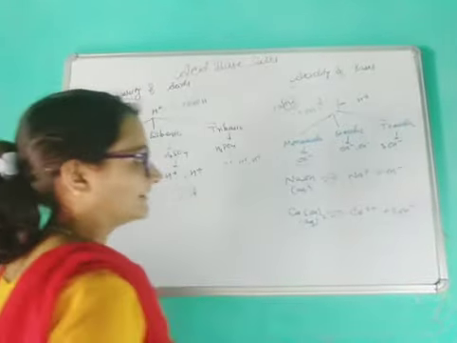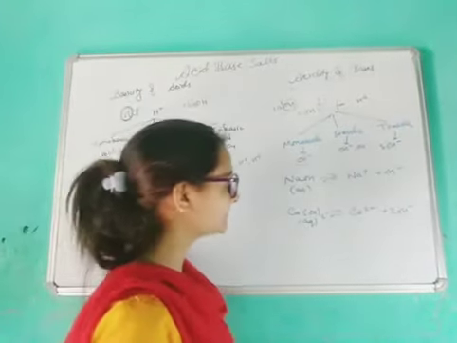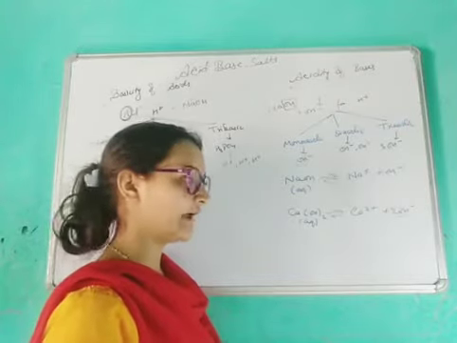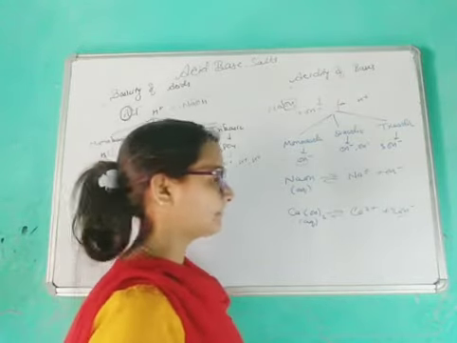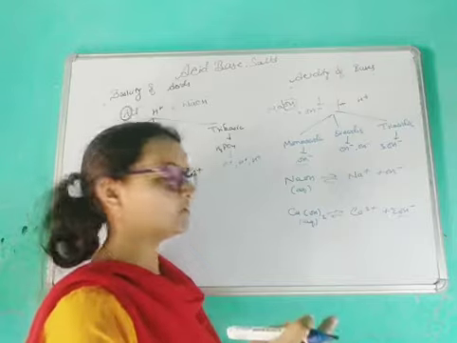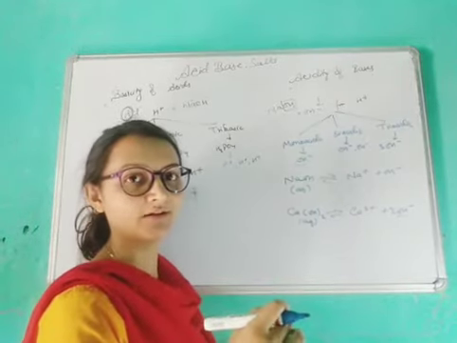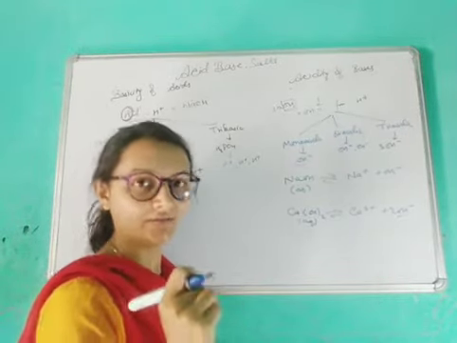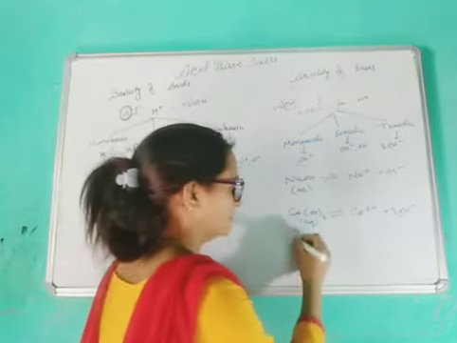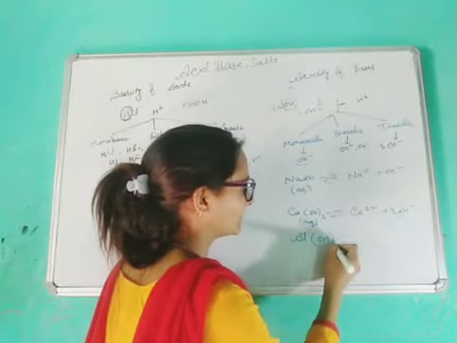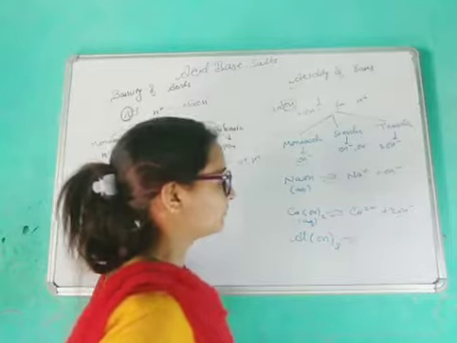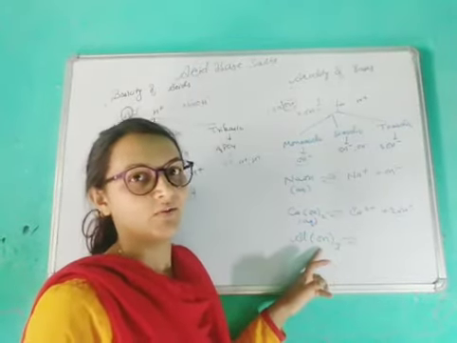If we go to triacidic, we should have a compound or a metal which loses 3 electrons. For example, aluminium. Aluminium has 3 electrons in its valence shell. So aluminium will form a compound like Al(OH)3.